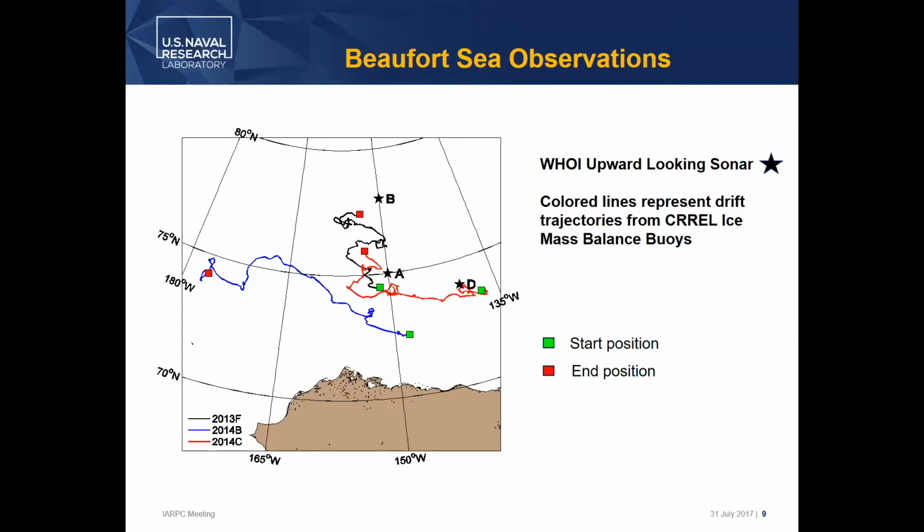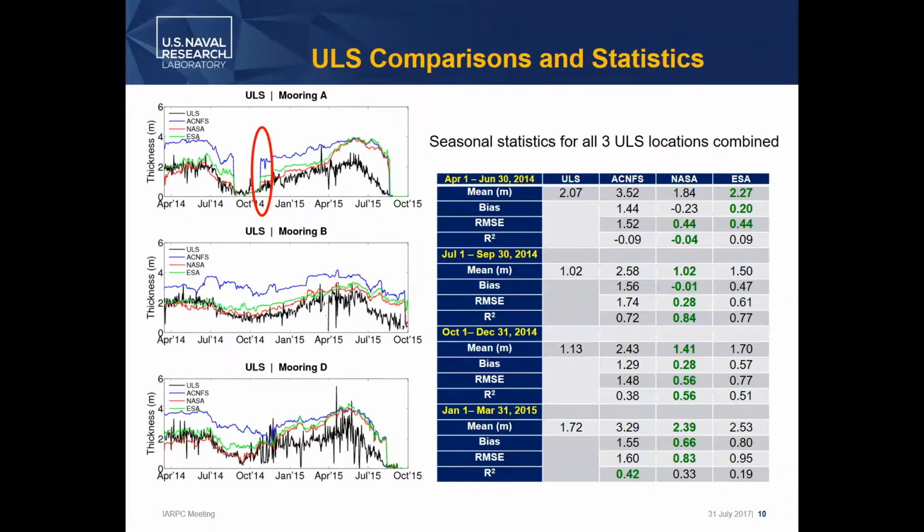Those represent the CRREL ice mass balance buoys, which do drift in the ice. And so the starting position is shown in green, and the ending location is in red square. So essentially, the ice is drifting toward the northwest, except for the black, where it's a little more north-northwest. And so I'll show you next on slide 10 how we compare.